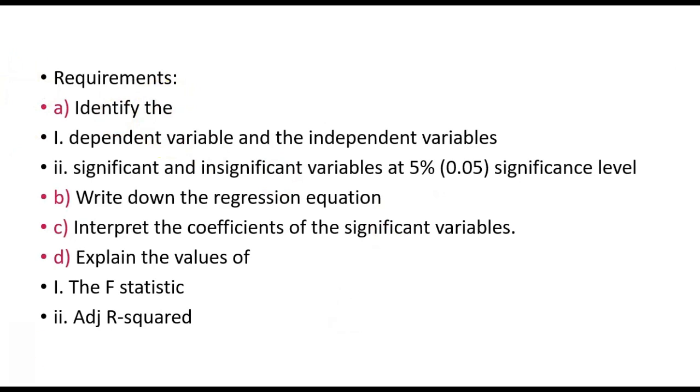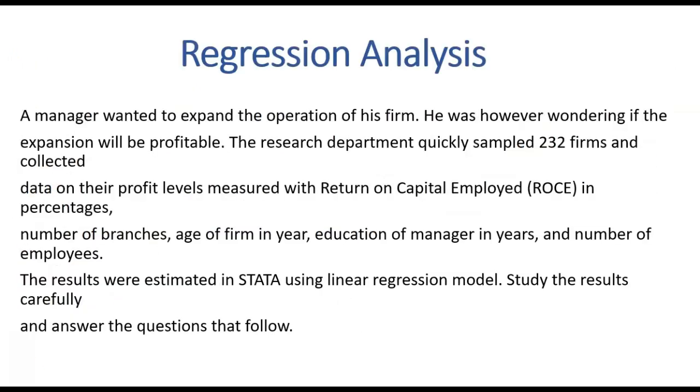So for us to be able to identify the significant and insignificant variables, we first need to know what a dependent variable is and what an independent variable is. So a dependent variable is what we are trying to predict in a research, and the independent variables are the factors that will predict what we are trying to predict.